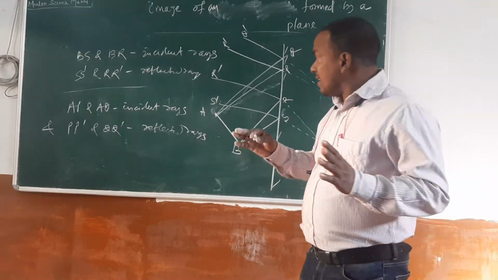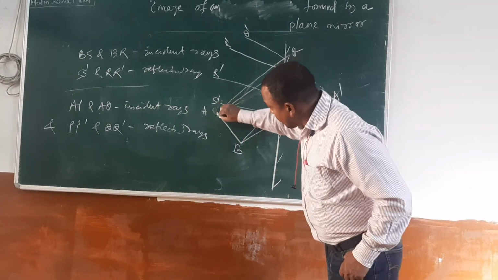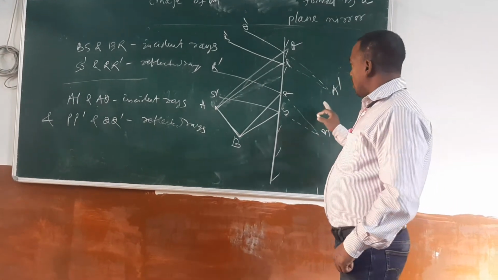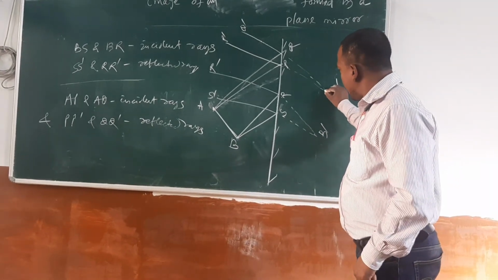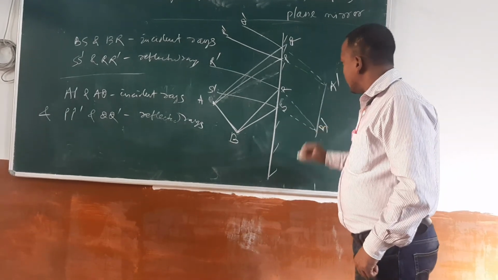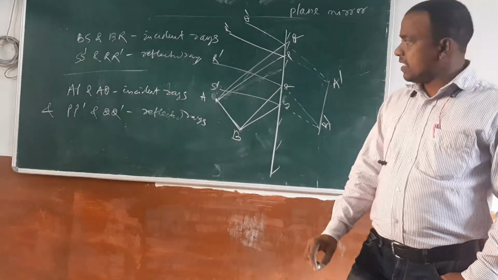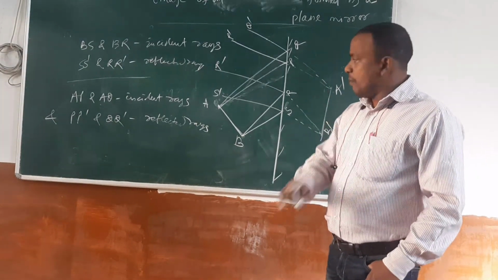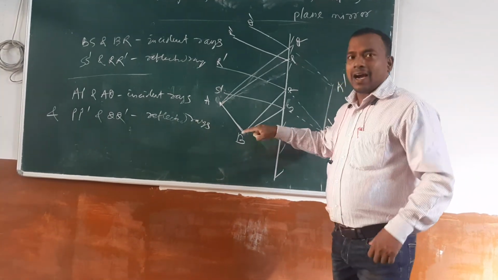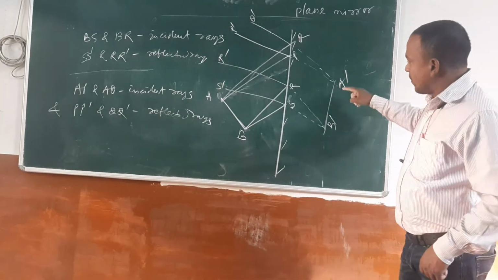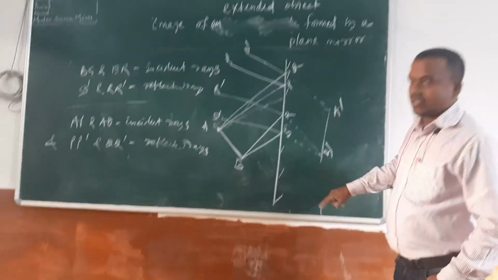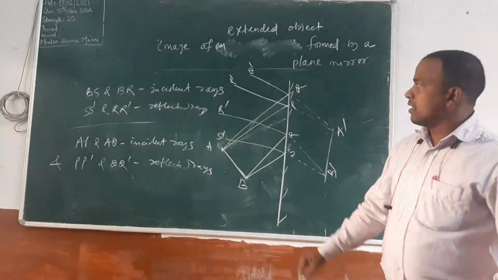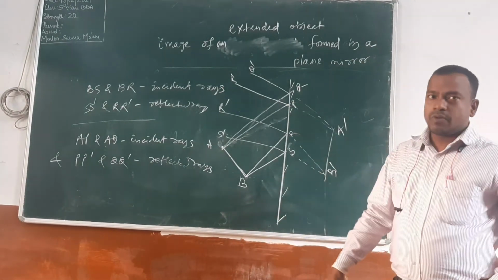Similarly, we can take all other points. The images are formed also between B dash and A dash. It seems all the images of the points between A and B are created between A dash and B dash. But all are virtual in nature because they are produced backwards.